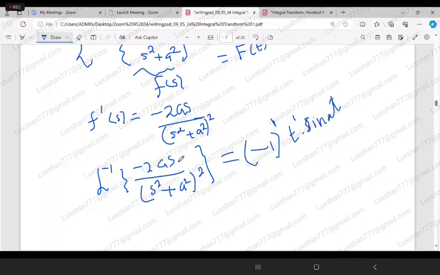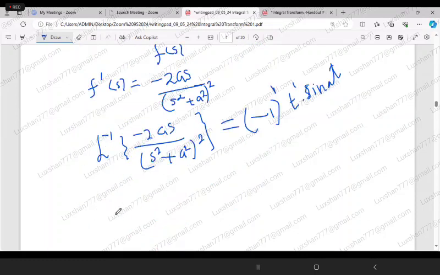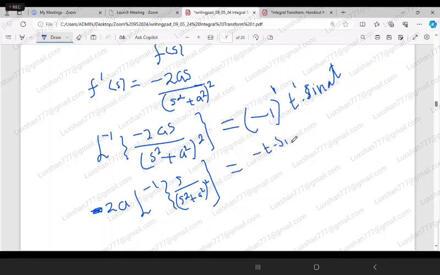Okay, so here in the question we don't have minus 2a. Therefore, you can take minus 2a out because it is independent of the variable. The Laplace inverse transform of s over (s squared plus a squared) all squared is equal to minus t sin at.